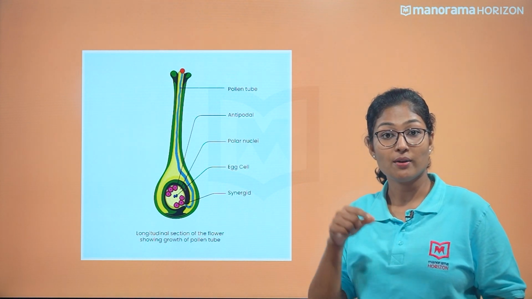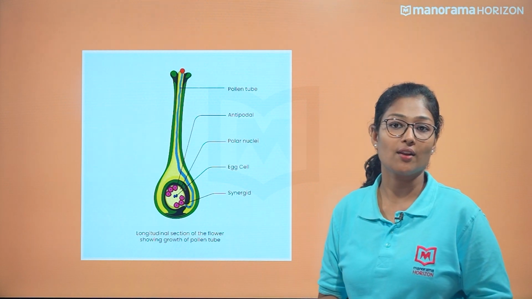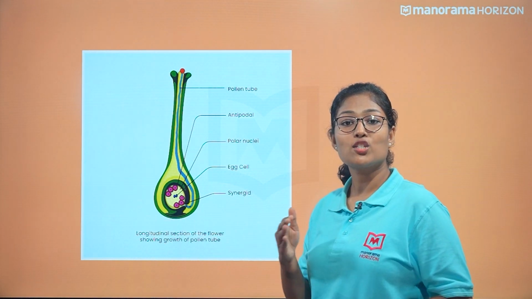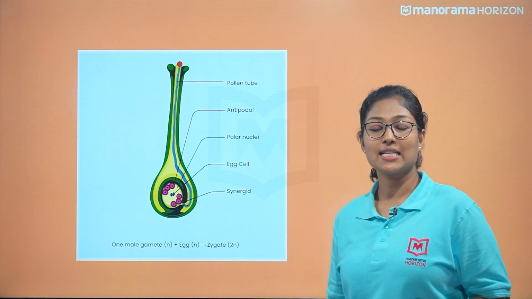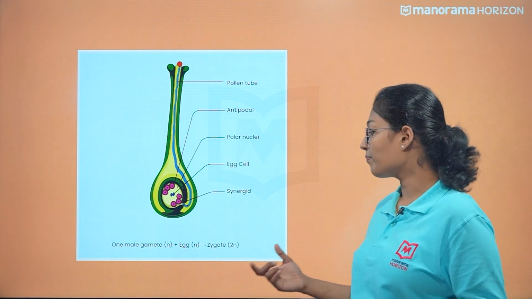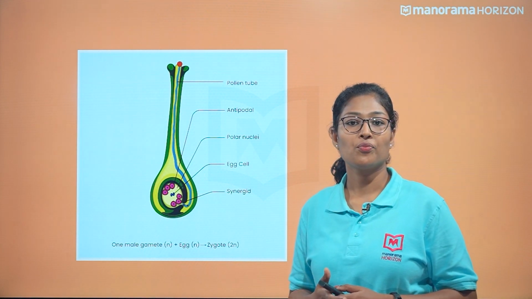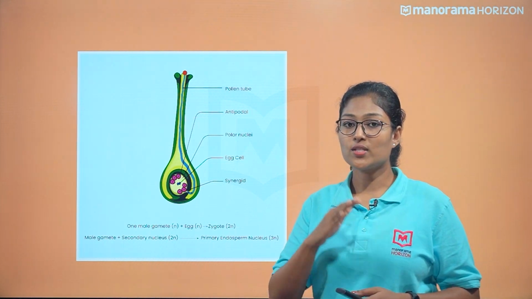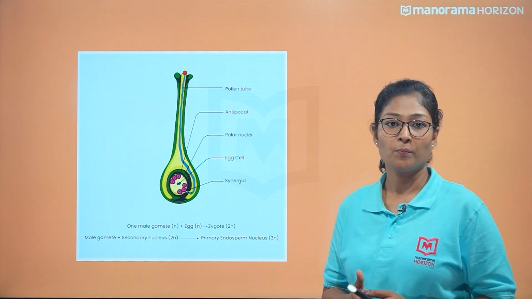The pollen tube reaches the ovule through the tissues of the stigma and the style. The pollen tube enters the embryo sac and the two male gametes are discharged. Thus, one male gamete fuses with the egg to form the zygote. This process is termed syngamy. The two polar nuclei, that is N plus N, fuse to form a diploid secondary nucleus, that is 2N.